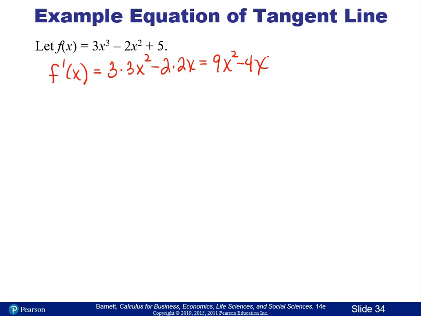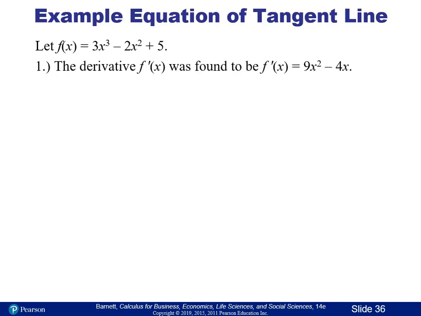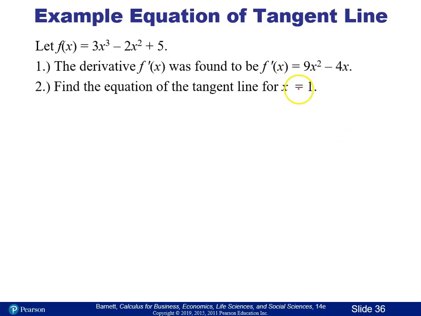And that says find the derivative, which was the first thing we did. Okay, and then the second part is we want to find the equation of the tangent line for x equals 1. So before, when we did this, we said to write the equation of a line, you've got to have a slope.